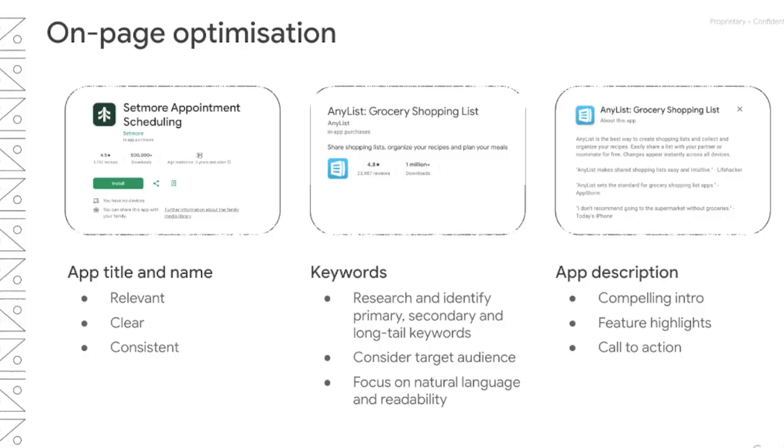And then when we move on to the third element of on-page app optimization, which is app description, you need a compelling intro. So start with an engaging description of your app's value proposition, right? What problem does your app solve, and why exactly should users download it? You can also feature your highlights, so you can outline your features or the benefits of using your applications.